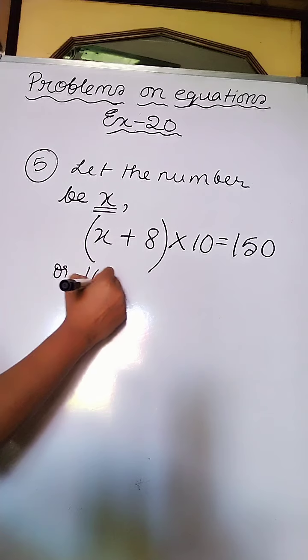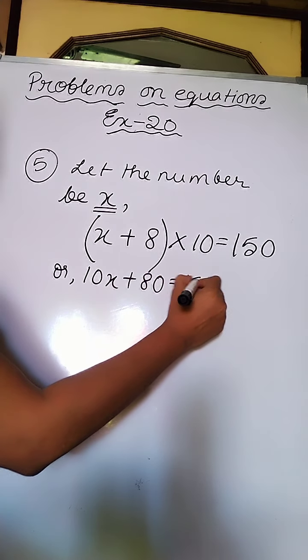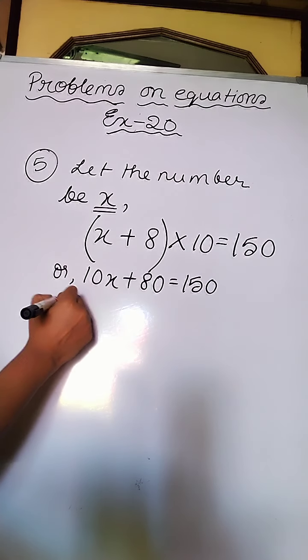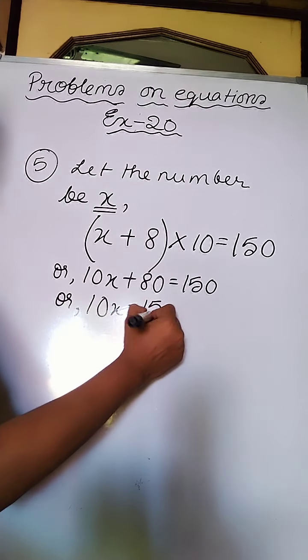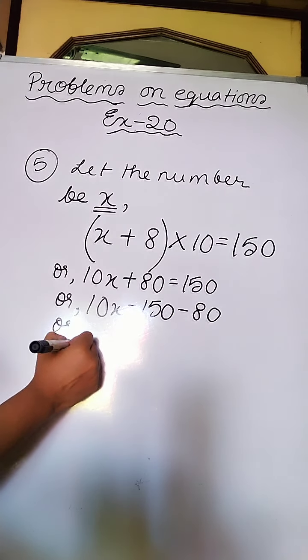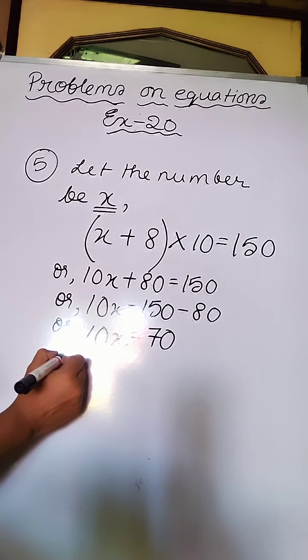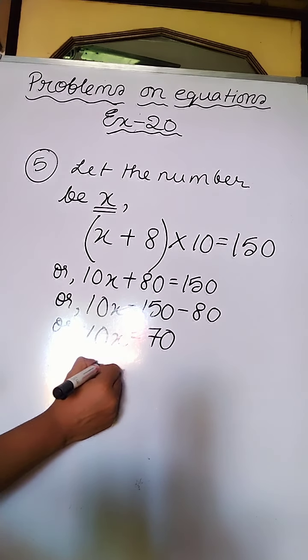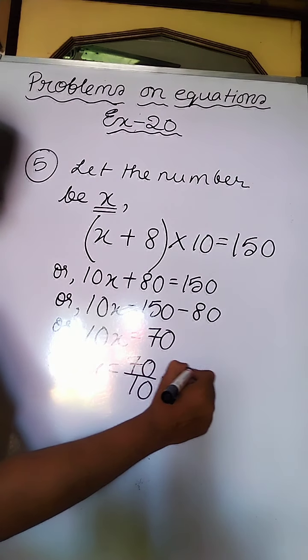So x plus 8 into 10 will be 10x plus 80 is equal to 150, or 10x equals 150 minus 80, or 10x equals 70, or x is equal to 70 by 10, which is 7.